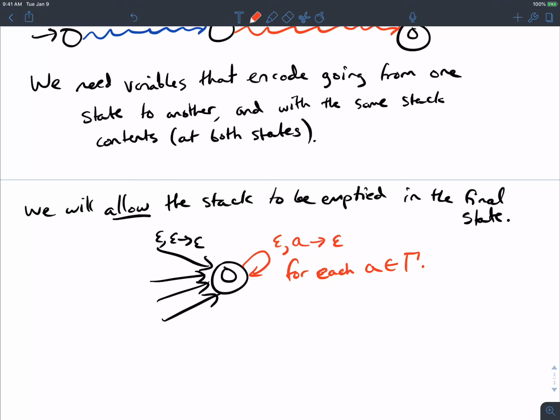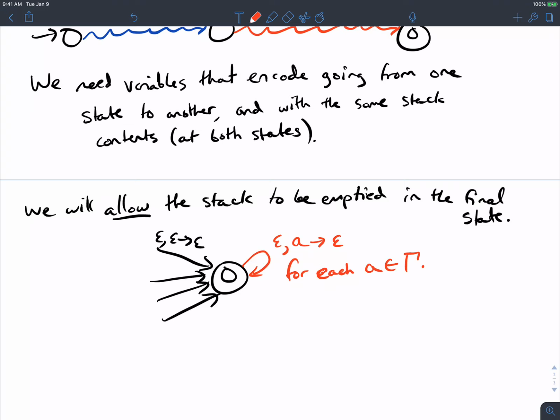So remember, these transitions are not required because we're in the final state already and we've read the entire input supposedly. So there's no issue putting these here because I'm not going to change the language, but I'm allowing the stack to become empty. Okay, does that sound fair?